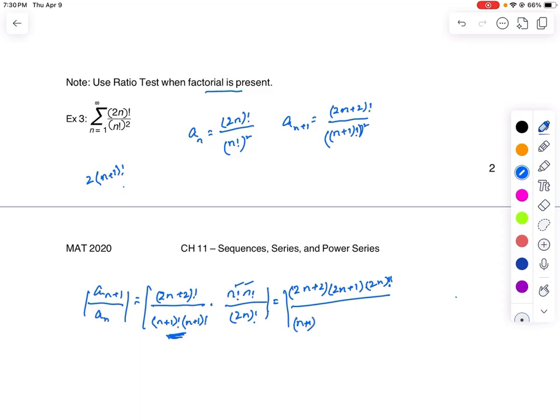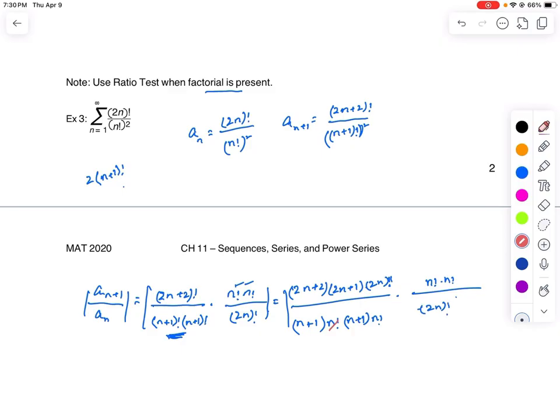We can write them as (n plus 1) times n factorial, and then the same again, (n plus 1) times n factorial, and at the top n factorial times n factorial divided by (2n) factorial.